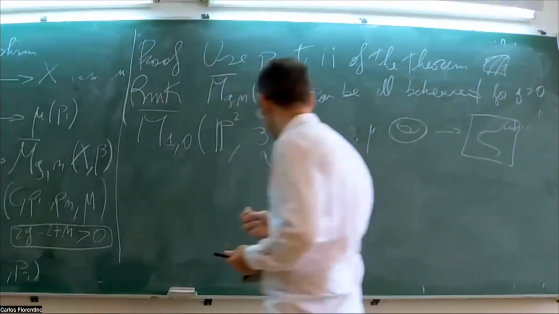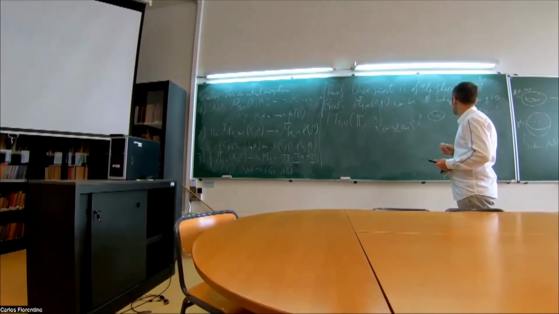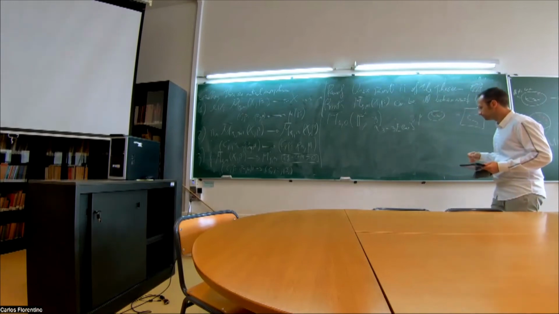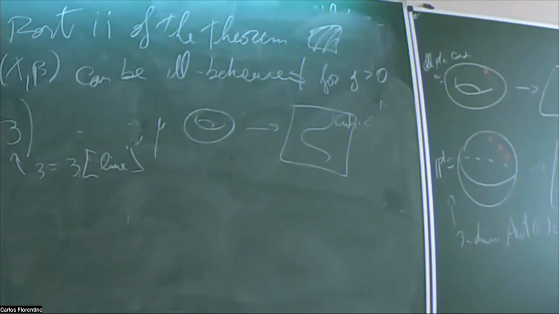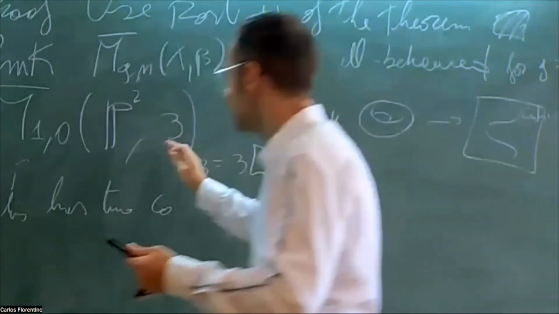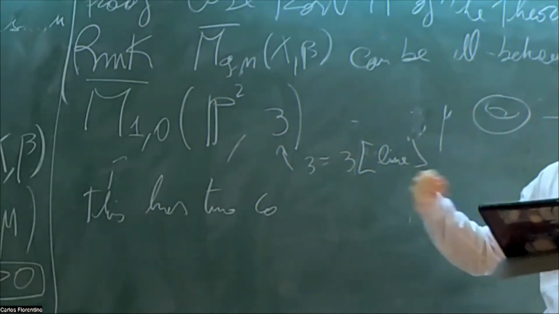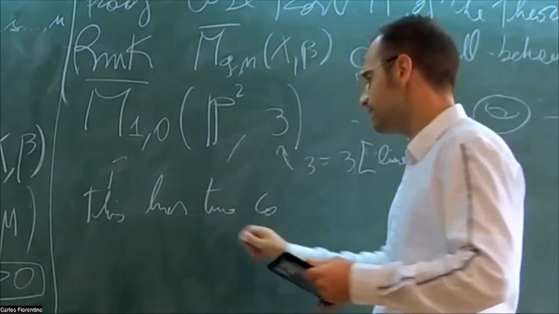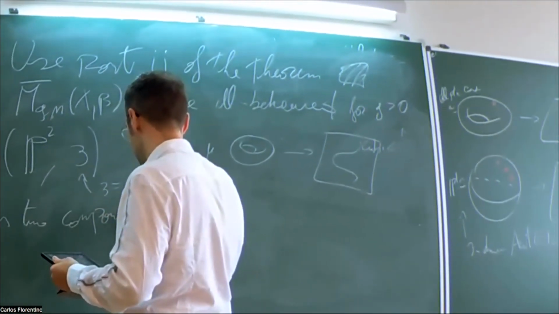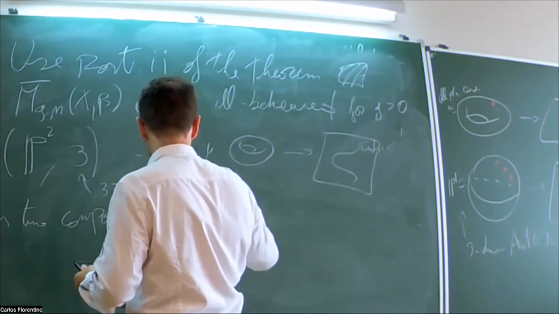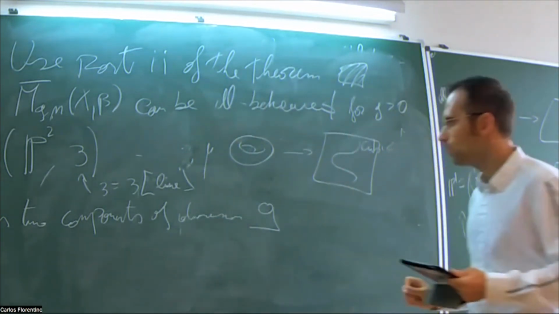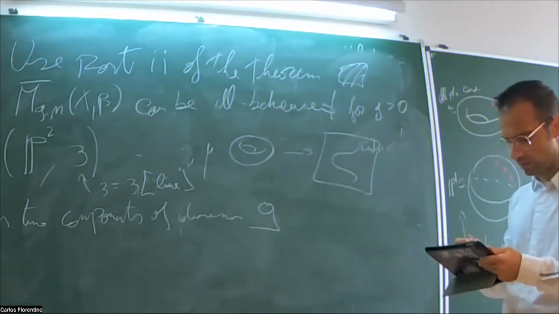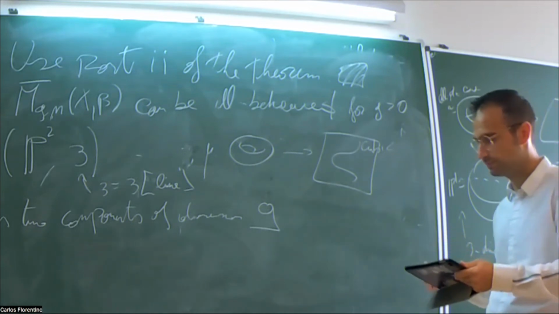This has 2 components. So this is a coarse moduli space, so it's a projective scheme, and this has 2 components of dimension 9. Let's see who these components are.